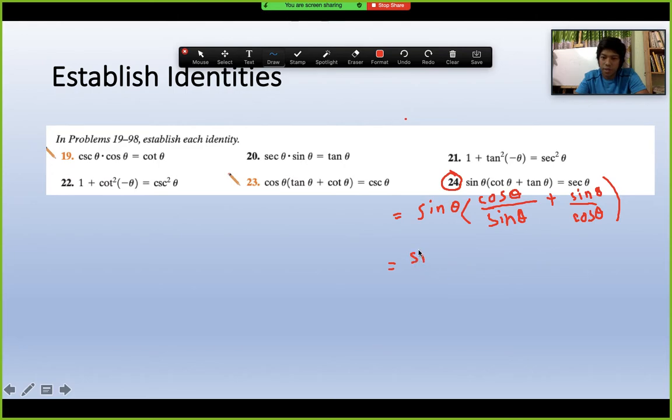So let's do LCM inside the bracket, because there are two different things here. So this becomes sine theta into cos theta. So sine theta cancels out here, then cos theta into cos theta means cos square theta, plus again cos theta gone, so sine theta into sine theta equals sine squared theta.